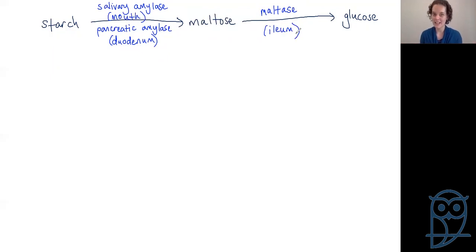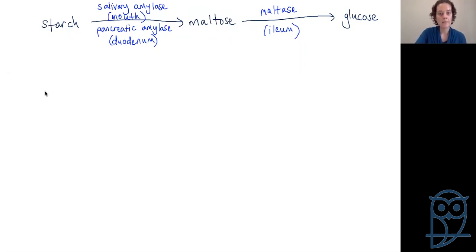Go back and revise that if you need to. Remember, we said it's important to be very familiar with all the terms so that you know where things are happening once we get started talking about them. So maltase is our enzyme. Maltose will be our substrate. Glucose is our product. And now we have starch all the way down to glucose in various different places.